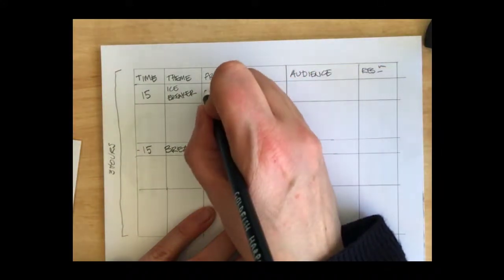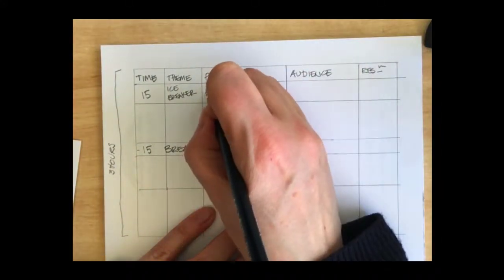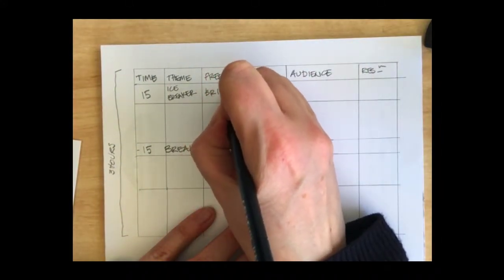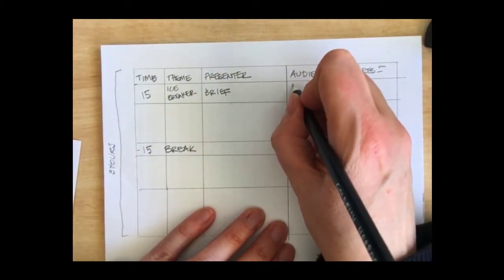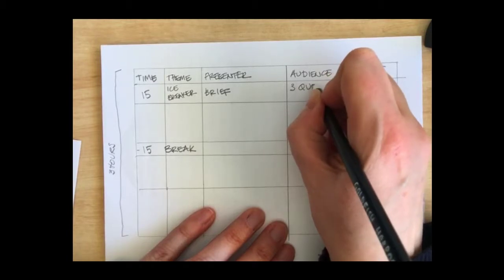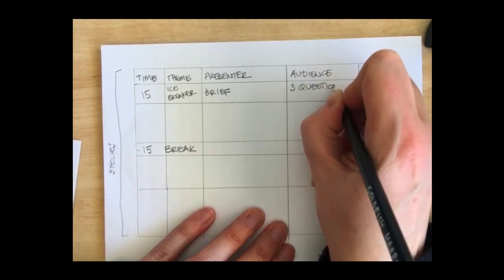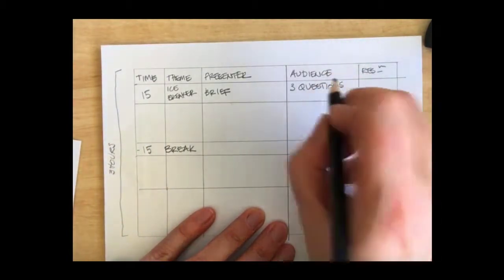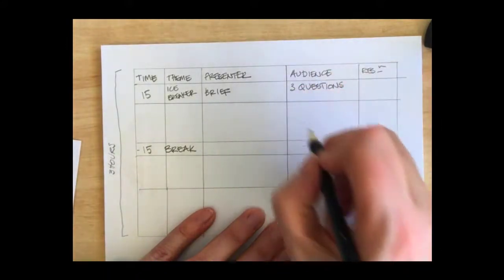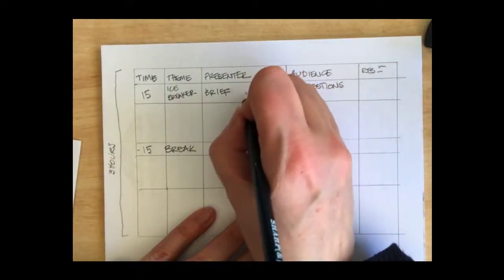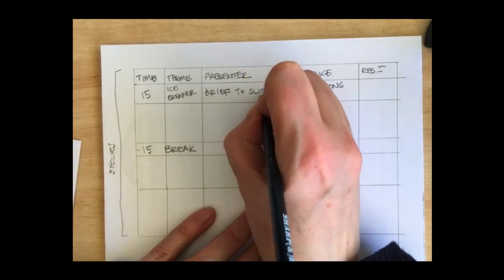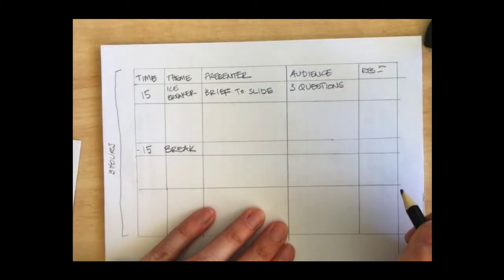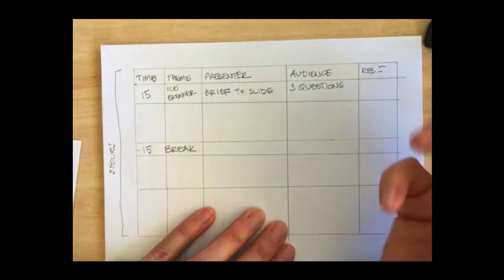So the presenter just briefs the people on the activity. And what I usually do for my icebreakers is just give each table 3 questions to answer. Or you can give them 1 question, which is why you're here. So I like 3 questions. Usually I have a slide up here with the 3 questions on it, and it just gives people on the table something to talk about and gets the room kind of warmed up.